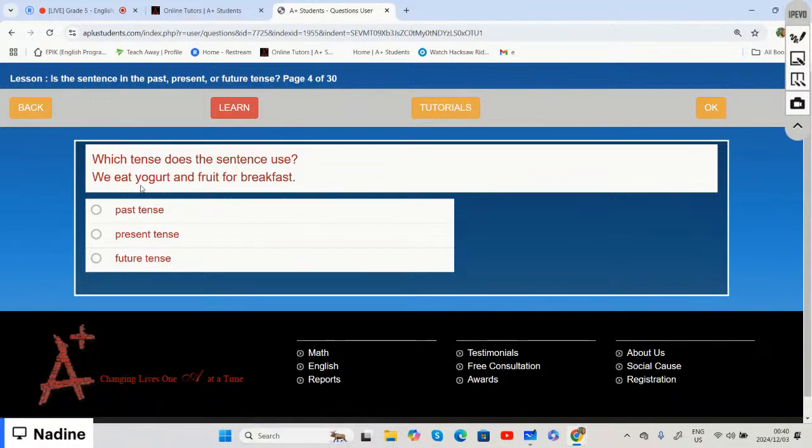The next one says, we eat yogurt and fruit for breakfast. We eat yogurt and fruit for breakfast. Is that the past tense, option one, present tense, option two, or future tense, option three? Which one is correct?